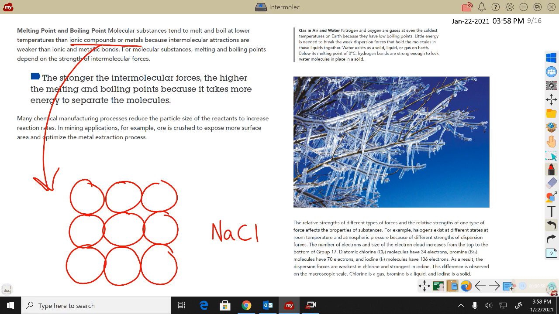And we're not just talking about partial positive and partial negative charges. No, this is a full-out +1, -1 transfer of electrons. This is stronger than a partial positive. And these oppositely charged ions then align in a very organized pattern. Positive, negative, positive, negative, positive, negative. And the attraction is extremely strong.